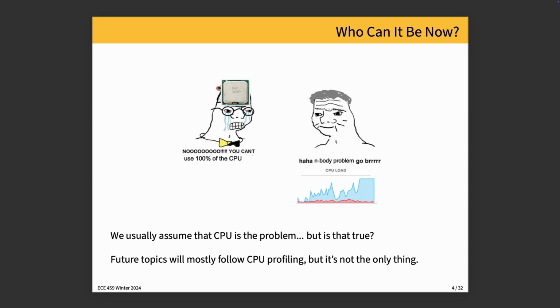Future topics will mostly focus on the CPU profiling side of things. But that's not the only thing that we're going to talk about, and we will consider other kinds of profiling as well. But onward.